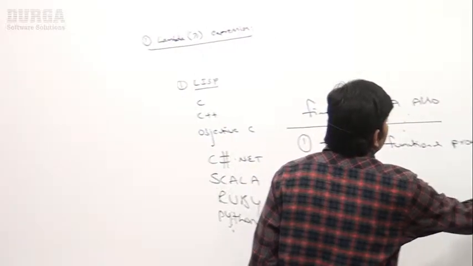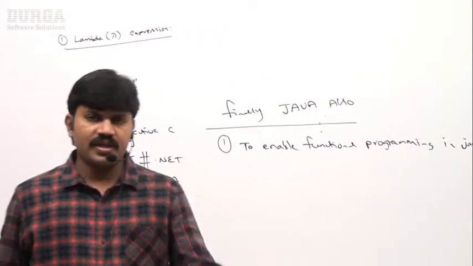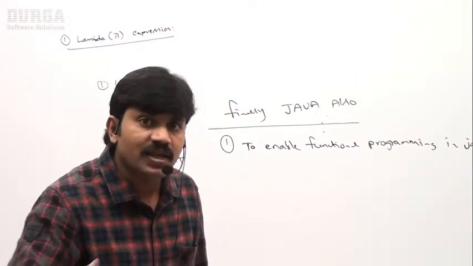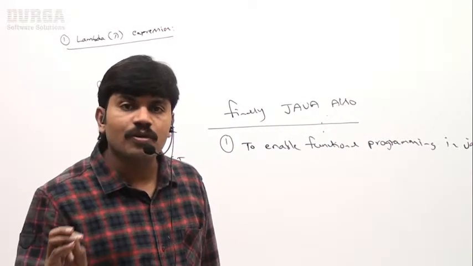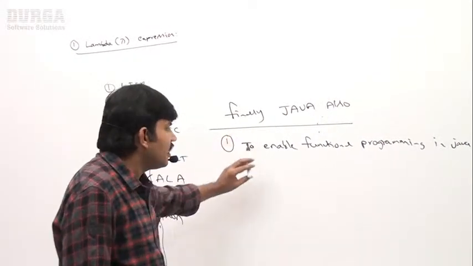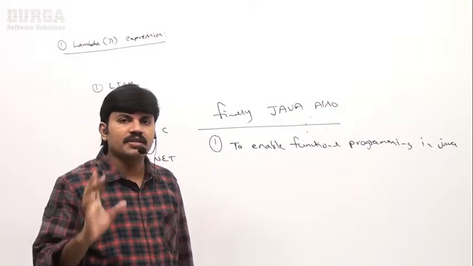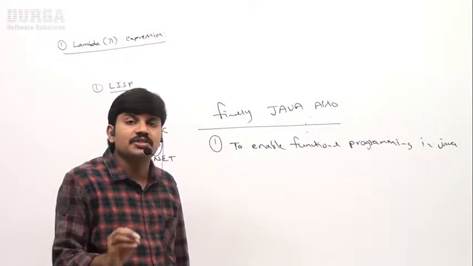You can use a procedure directly as a variable. You can send a procedure as an argument. You can send behavior as an argument. How are these things possible? Just with lambda expressions. So the main objective of lambda expressions is to enable functional programming in Java.